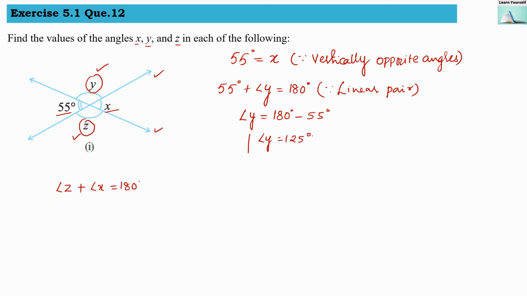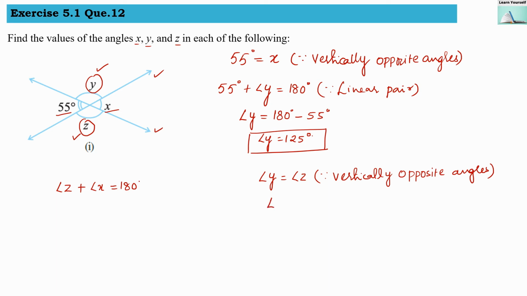Now angle Y is 125 degrees, which is vertically opposite to angle Z. So angle Y equals angle Z because they are vertically opposite angles, and because of that, angle Z equals 125 degrees. In another way, we can also find the measure of angle Z because we know that angle X is 55 degrees here.